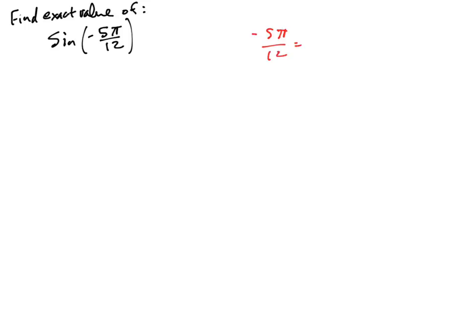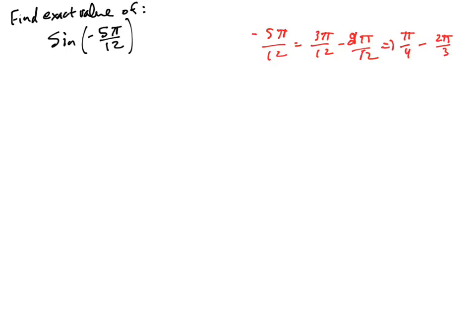And we could use 3 pi over 12 minus 8 pi over 12. Now it might not seem like those are on the unit circle right away, but if we reduce, we're going to have pi over 4 minus, dividing by 4, we get 2 pi over 3.